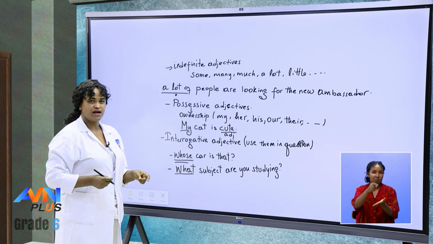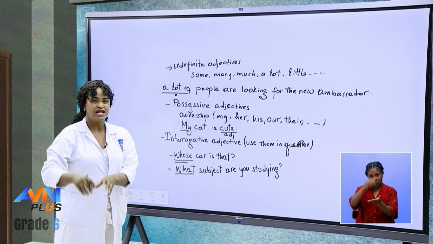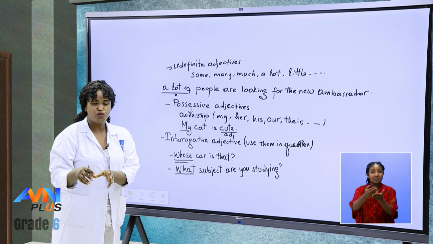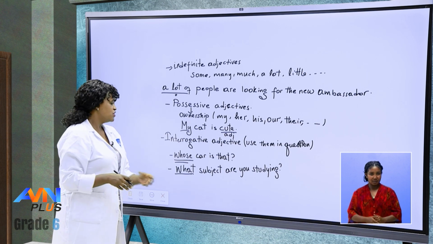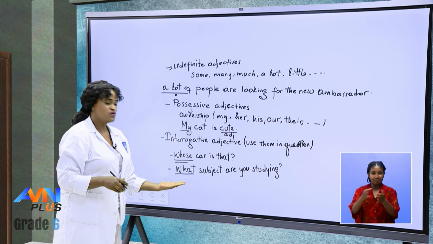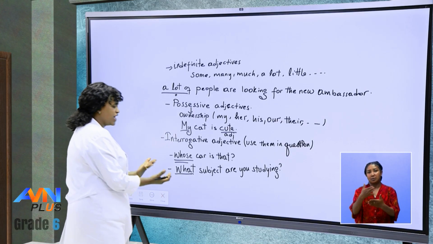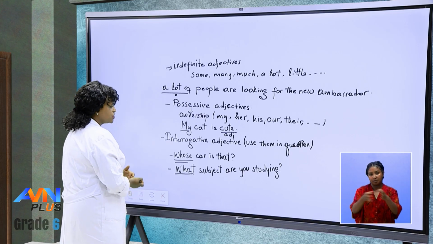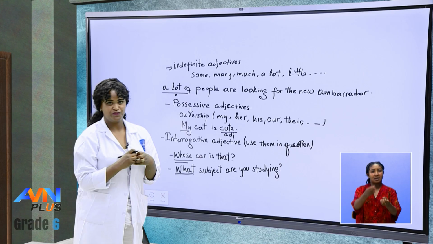You say, I am studying English subject. Subject is a noun. Then, what subject? To make it specific, I said English or mathematics, right? So it leads us to an answer which can specify the noun, all right? So, these are some of the many adjectives, yeah?